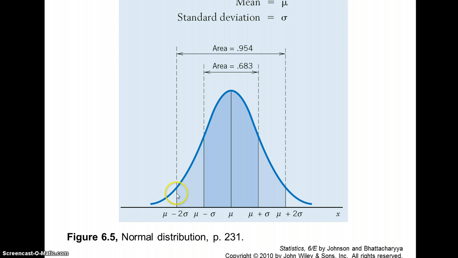So right here, suppose the average height mu is 6.5, and the standard deviation is maybe, let's say, half a foot.